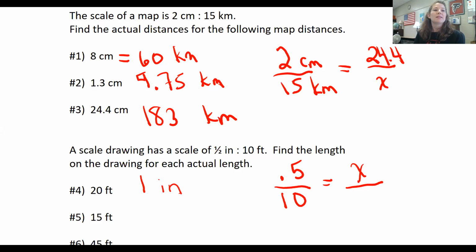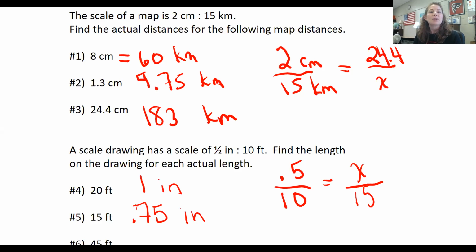So 15 times 0.5 is 7.5, and 7.5 divided by 10 is 0.75. So 3/4 of an inch.